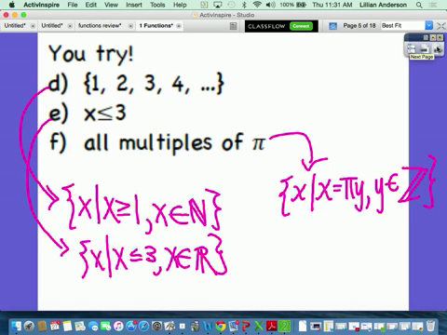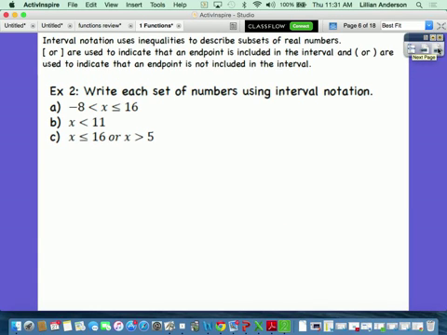So when you guys see these on the SAT and the ACT, you'll know exactly what they mean because they do use these. Okay? Now, set-builder notation and interval notation, they're like brother and sister, because they both come from the same family, they both represent the same thing. It's a way to represent a set of numbers. But with interval notation, which you're probably more comfortable with, you have brackets, meaning that the endpoints are included, and then you have parentheses, which means they're not included.